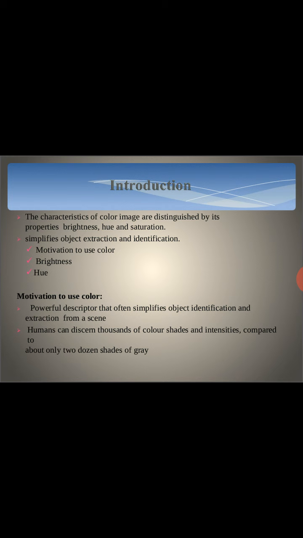Humans can discern thousands of color shades and intensities, compared to only about two dozen shades of gray. So it is very easy to recognize different colors compared to different grayscale values. That's why color image processing is quite better than grayscale image processing.